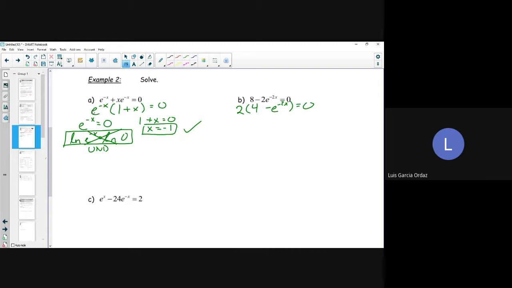So I'm going to try to isolate for e. If I divide both sides by 2, this is still 0. So I'm left with 4 minus e^(-2x) is equal to 0. So think of this as algebra, where we have to isolate for e. So in order to isolate for e, what do I need to do next? What do I need to move?